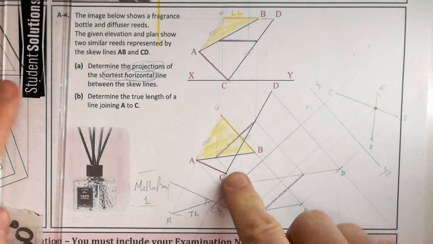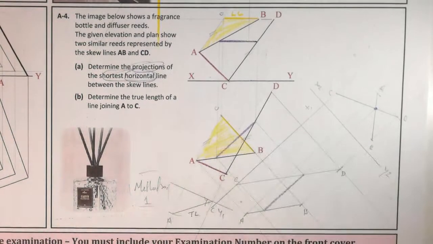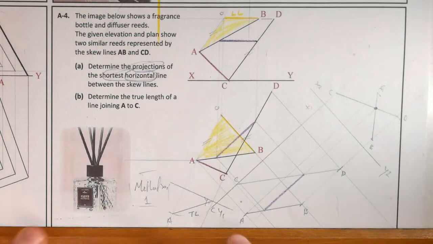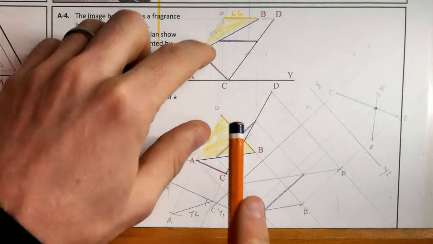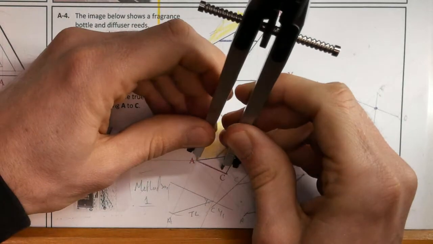Method 2, like I said, we can rotate this around. So I'm going to rotate around until we have a line that we're looking at perpendicularly in elevation. So rotate AC around.